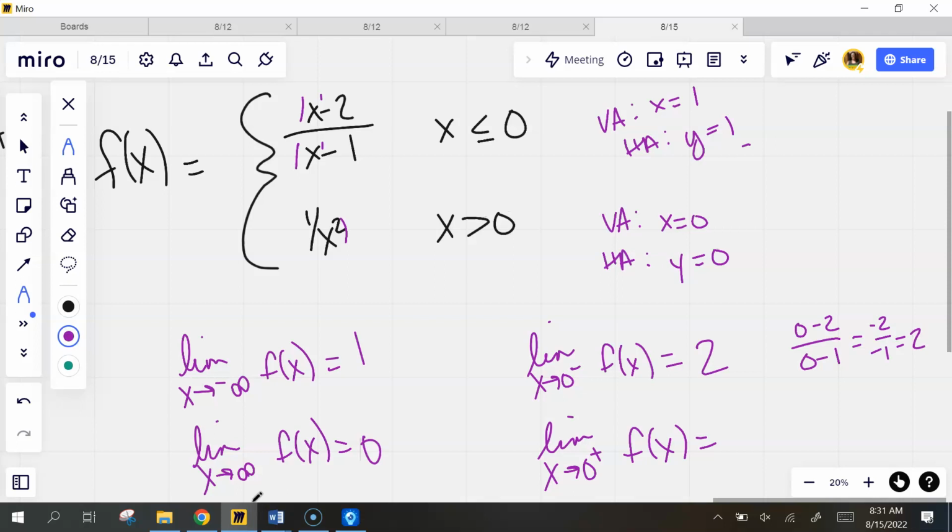What do you think? It's greater than 0. It's coming in from the right, so I'm definitely using the bottom equation. So I'm 1 over x squared. There you go. Infinity, because I know that this one has a vertical asymptote at 0, right? So as I approach 0 from the right, and I'm using that equation, it's got to be infinity.